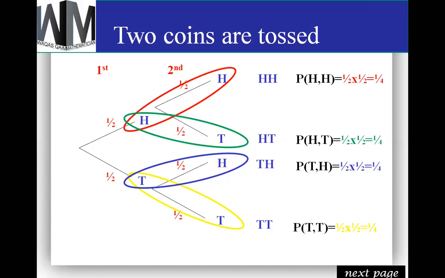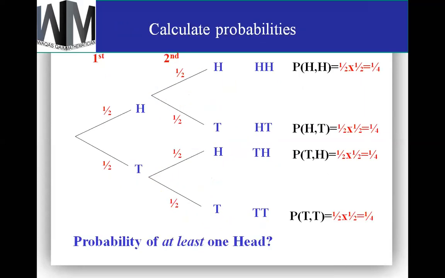Okay, is this diagram clear to everyone? Okay, the probability of at least one head. So at least one head means that it could be two heads or it could be one head and one tail.